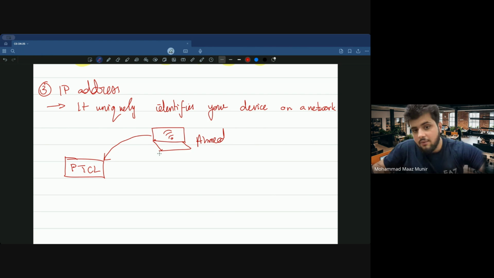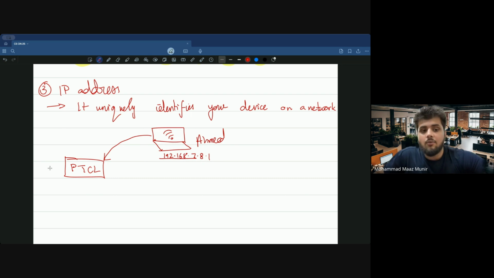Okay, now when I connect to a router, the router is going to give me some number. Let's say 192.168.1. Now this is some number which the routers give me. Now why does the router give me a number?